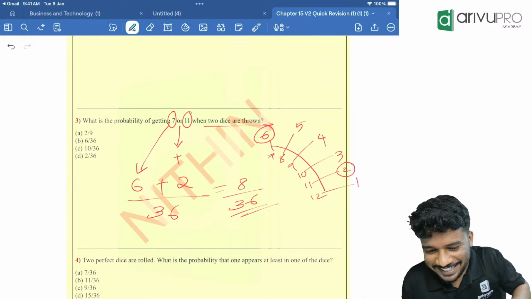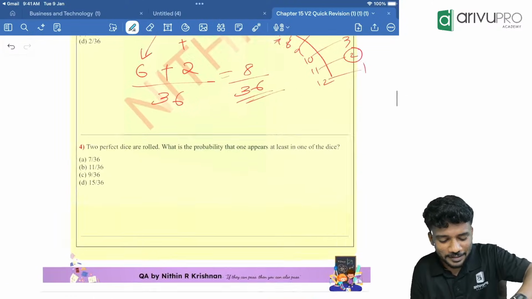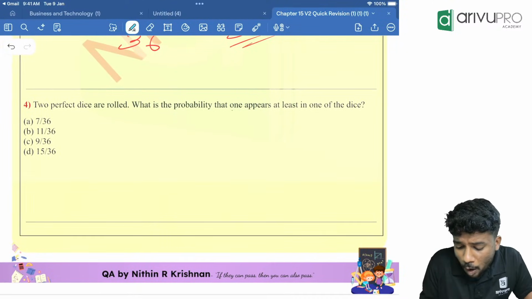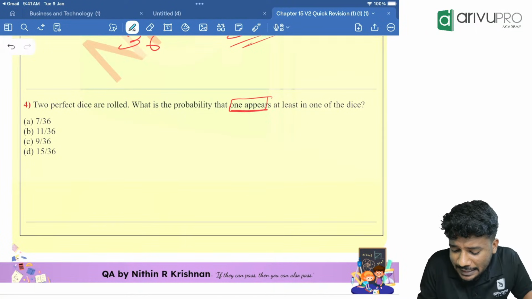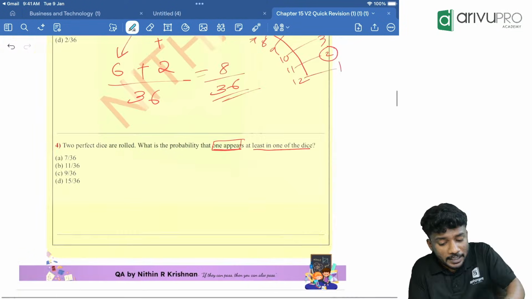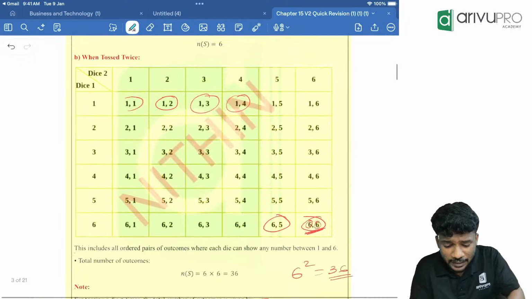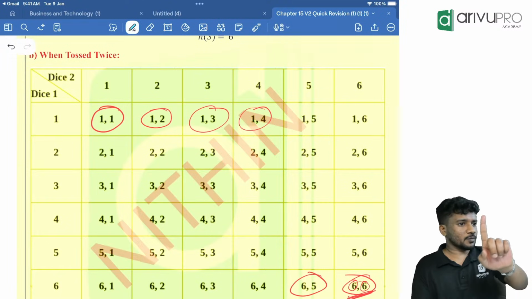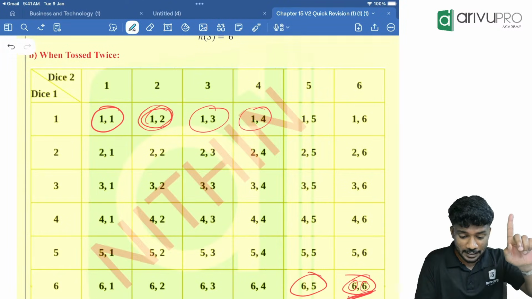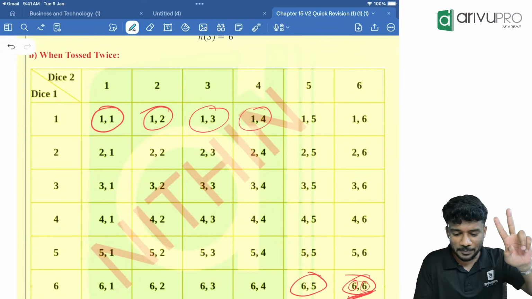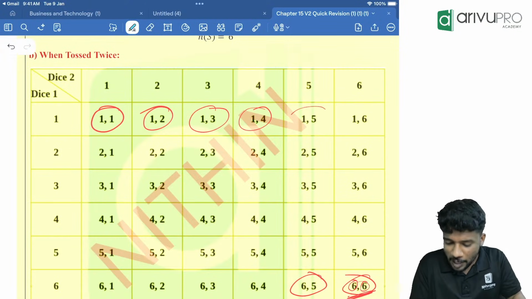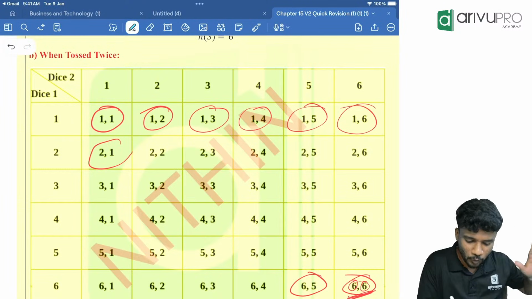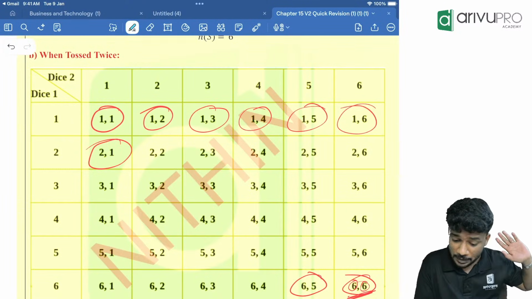Yes. Next one. 2 perfect dice are thrown. What is the probability that 1 appears at least in one of the die? 1 appears at least in one of the die means 1 should be there in any one of the die. 1, 1. That is 1 possibility. Then 1, 2 is another possibility. 1, 3, 1, 4, 1, 5, 1, 6. That is 6 possibilities.